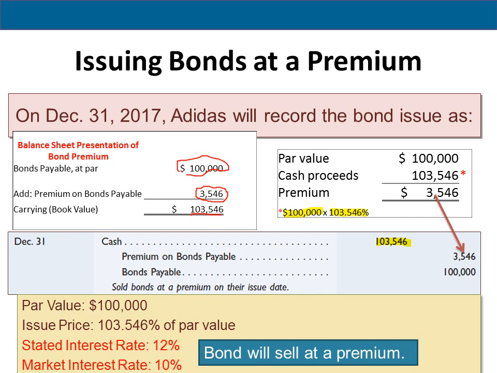The only difference between the adjunct account and the contra account is that the adjunct account has the same type of balance as the main account, whereas the contra account has the opposite type of balance of its main account. So here we are going to add the premium on bonds payable to bonds payable to determine the bonds carrying amount, as we did here. So the bonds carrying amount will be 103,546.